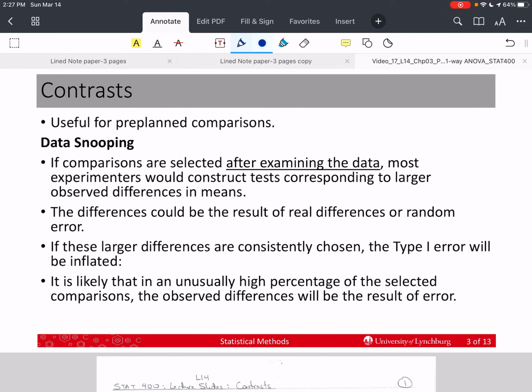And we need to talk about why data snooping is bad. So in general, when I look at data, and anyone else, if I look at the means and I plot the box plots, that's data snooping. I look, before I do the test, at the box plots to see which means look like they're higher or lower than the others or different than the others.